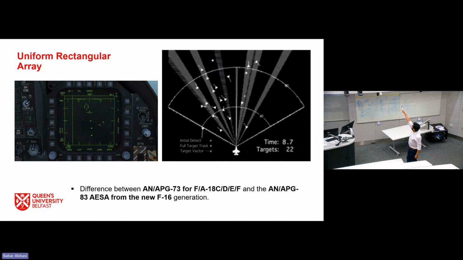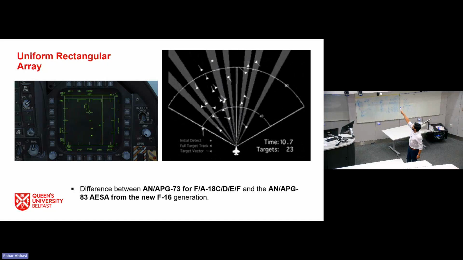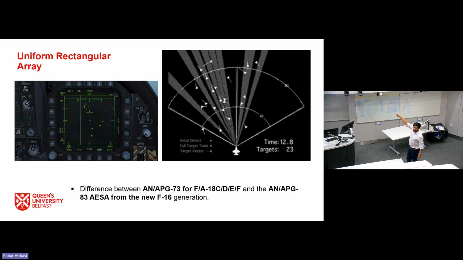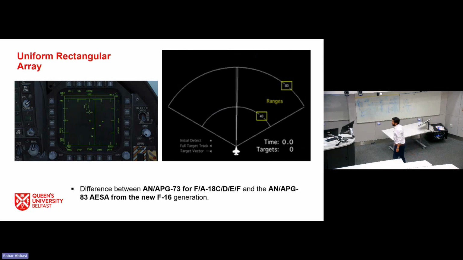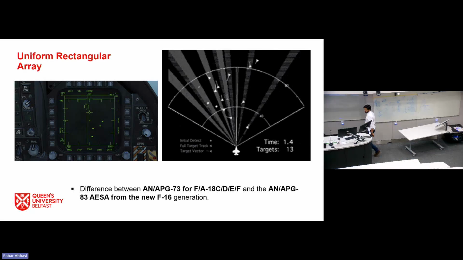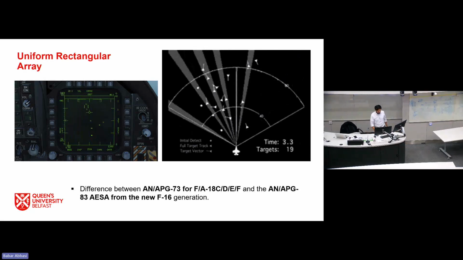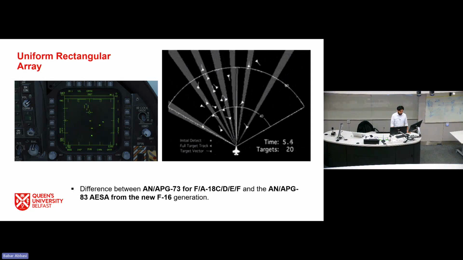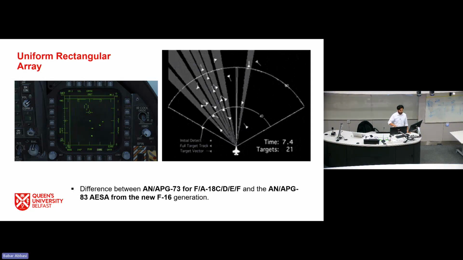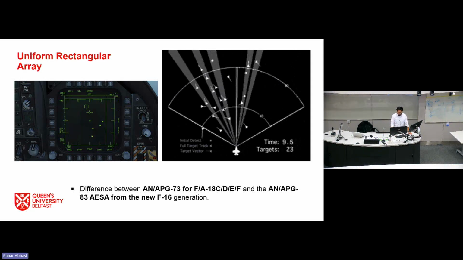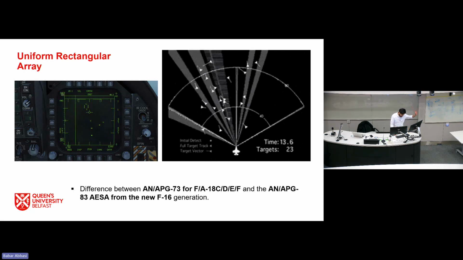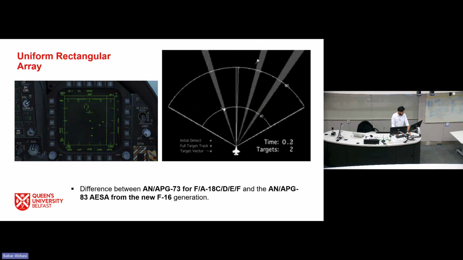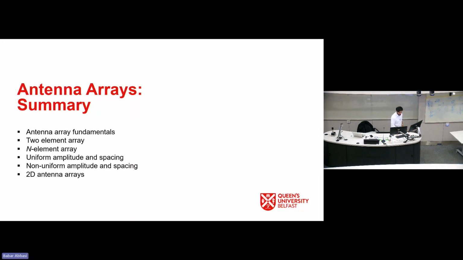But this new system does something like this. Okay, so there's a huge technological advancement because of this array advancement. So that's why, since systems are becoming better and better, we need all this understanding to be able to develop such concepts.